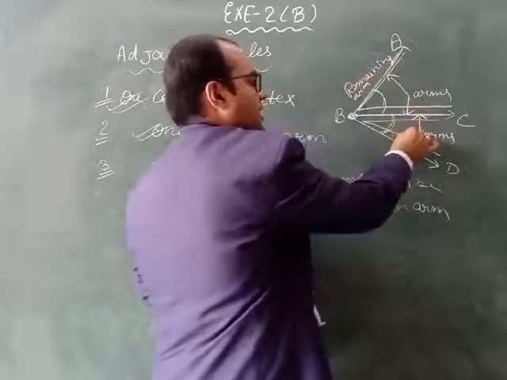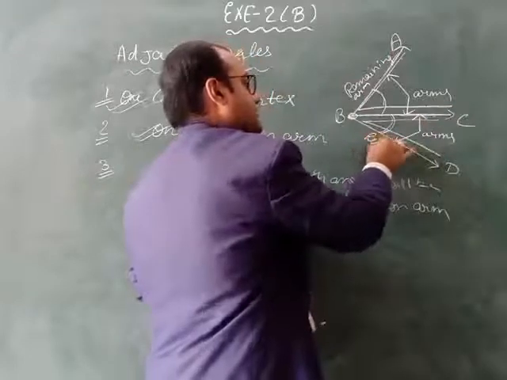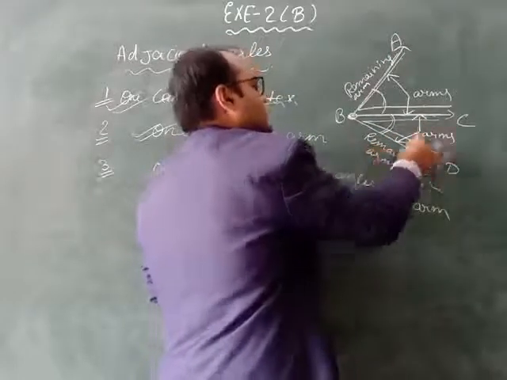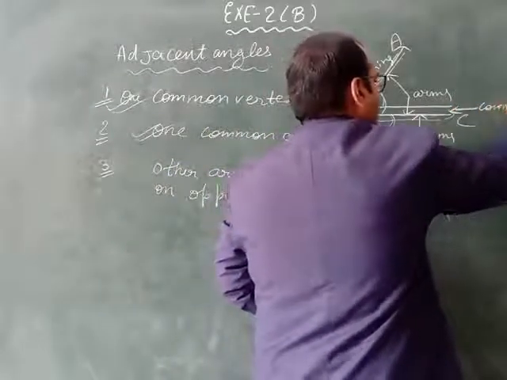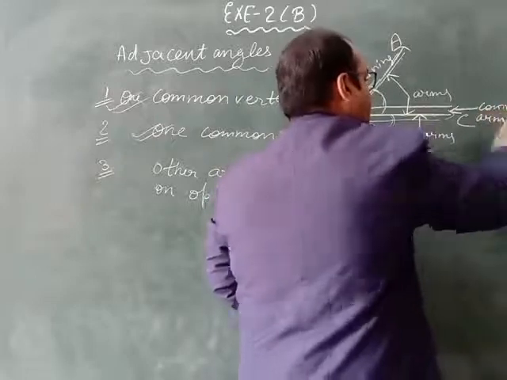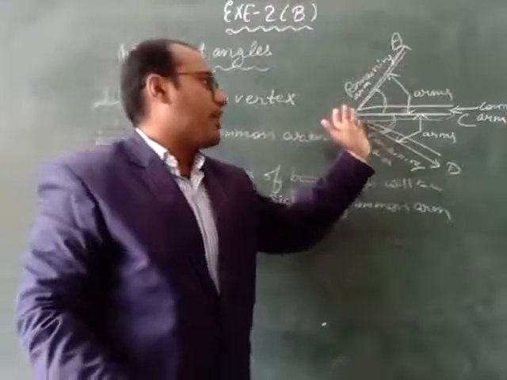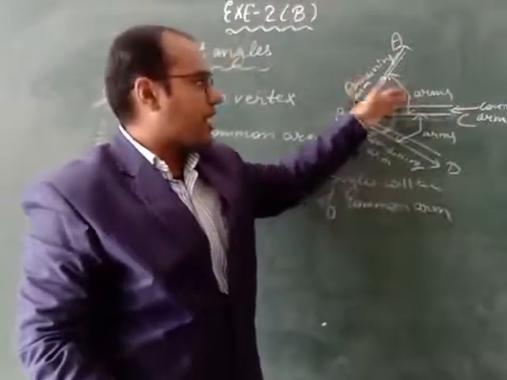In the downside angle, this is the common arm, and this is the remaining arm. And this one is the common arm.